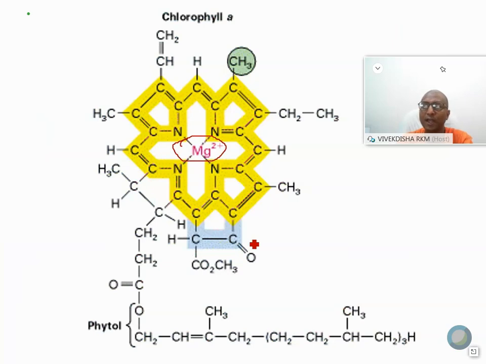Chlorophyll has magnesium, and chlorophyll A has a group known as methyl. There are several others: chlorophyll B will have aldehyde groups, and some others have different groups. So this is the structure of chlorophyll A, and its speciality is having magnesium.